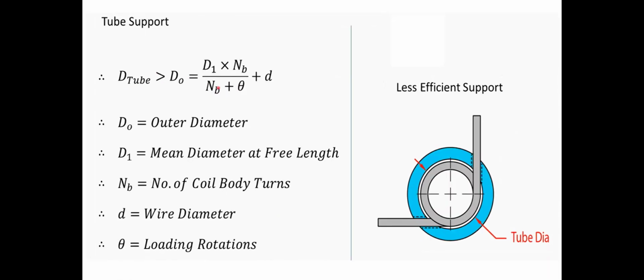The other one is if this ring or tube is outside the torsion spring. That means the tube inner diameter has to be larger than the DO, the outer diameter of the torsion spring.